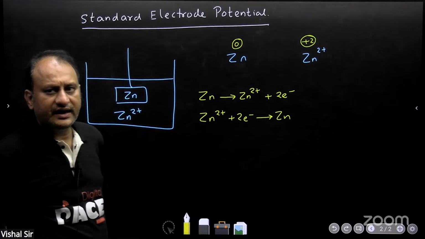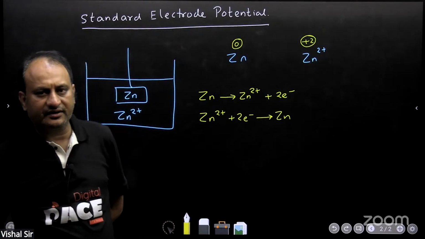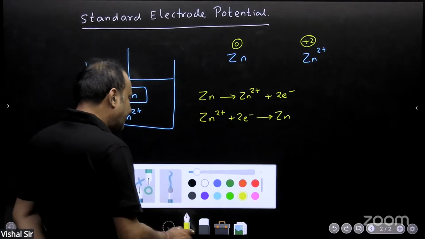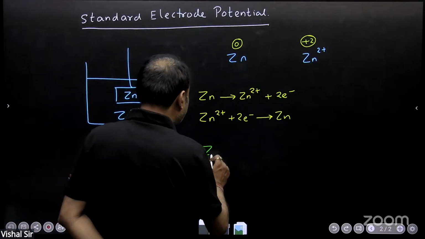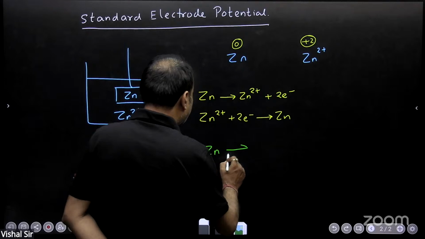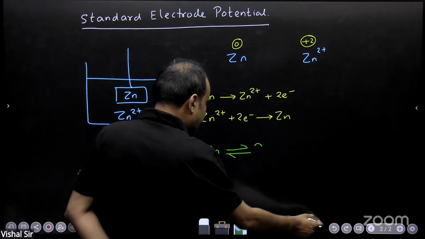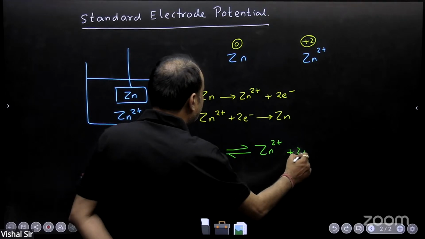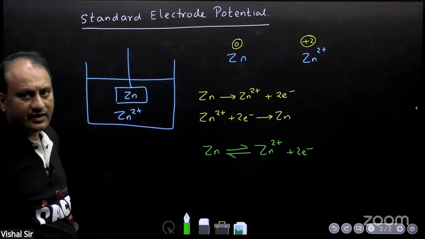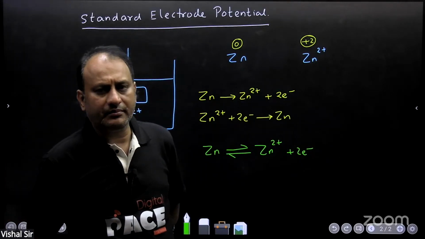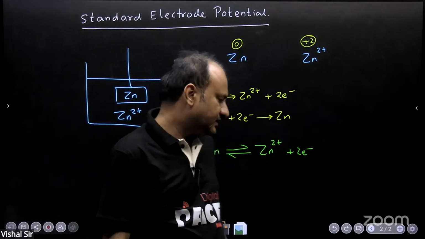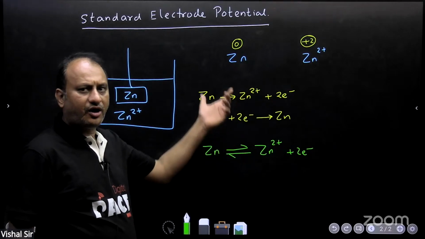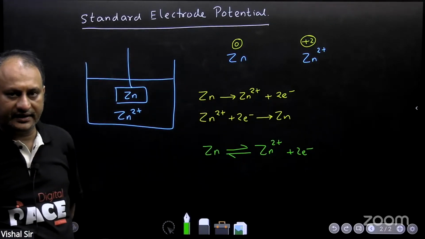So both these reactions will be occurring at the surface simultaneously, and hence very quickly an equilibrium will be established between the two oxidation states of this element. This equilibrium may be shifted in the right direction or in the left direction, depending on the oxidation states and the element involved.